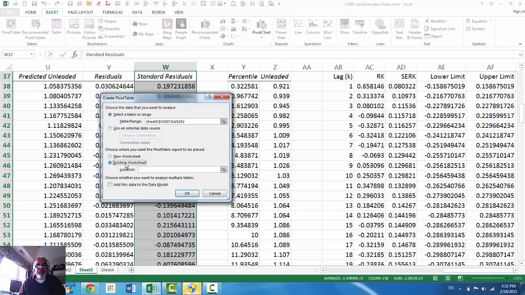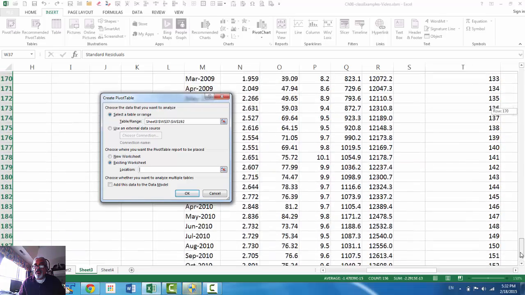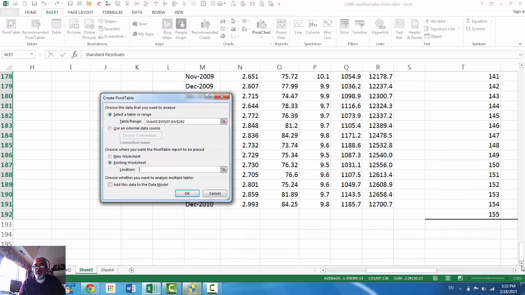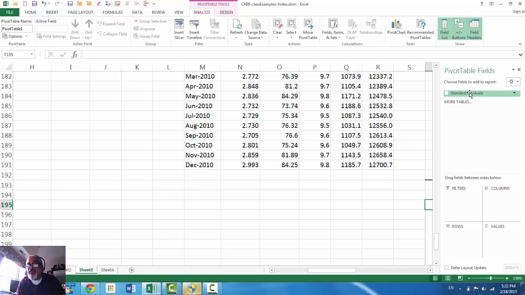Let's put the pivot table somewhere where it won't mess up any of the existing data, maybe here. Click OK. Now put standardized residuals in the rows.